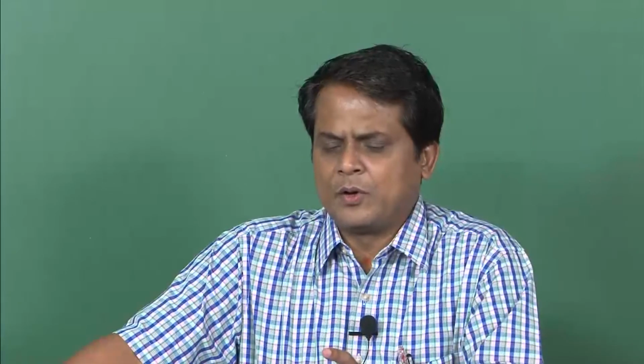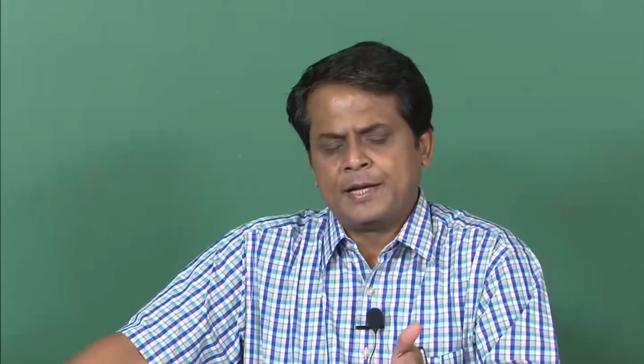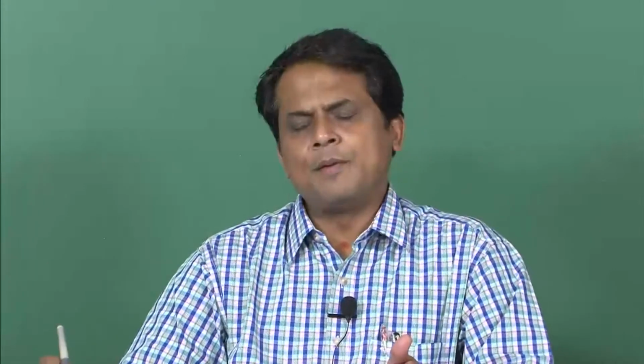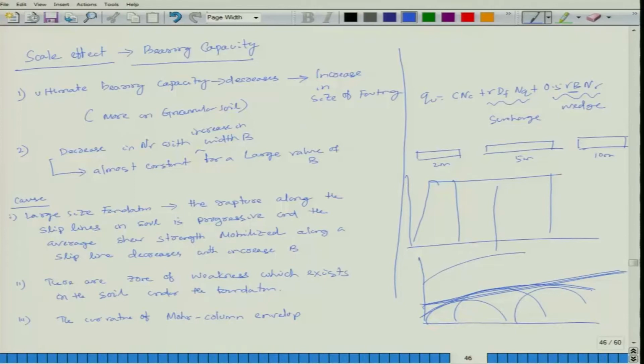That means as I go on increasing the size of the footing, it does not mean that my bearing capacity will increase. The bearing capacity of the foundations up to a certain value of B will increase, thereafter it will either decrease or remain constant. Suppose I increase the size of the footing from 2 meter to 5 meter, the expected bearing capacity will increase.